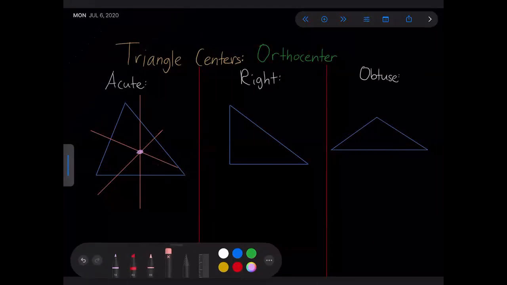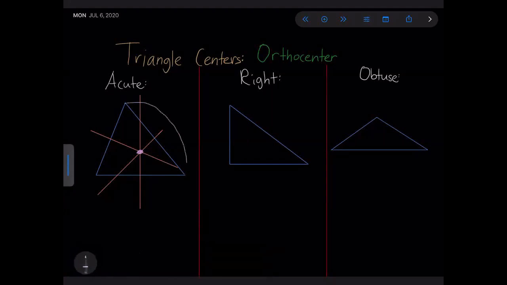So what does that mean? Because normally when we have equidistant points, you can draw a circle, right? If we're equidistant from all three vertices, we can draw a circle with the center at the orthocenter that goes through all three vertices of the triangle. Let's just sketch that out real quick. And this is your circumcenter.